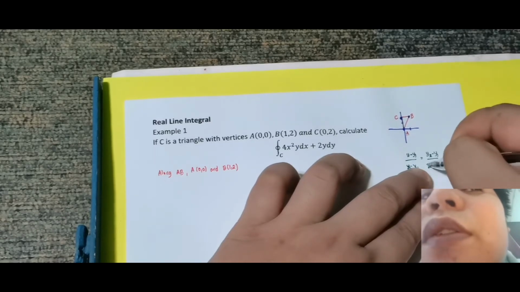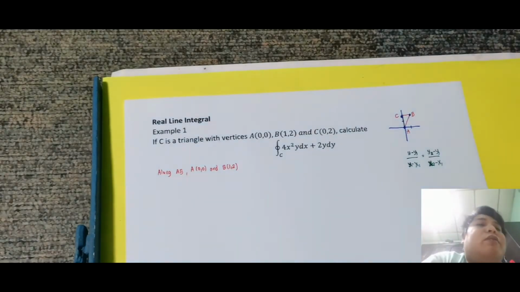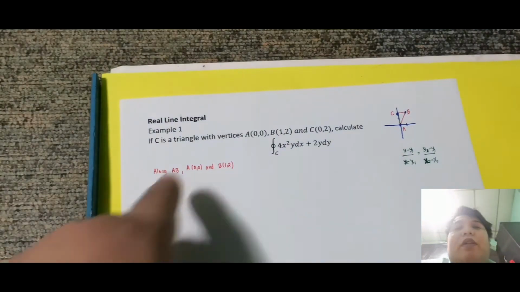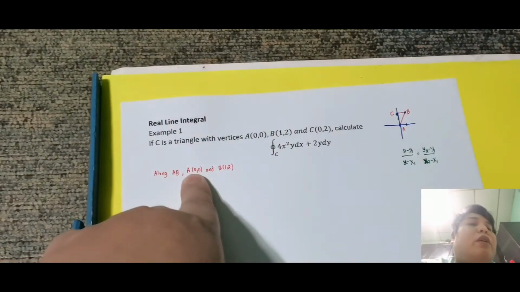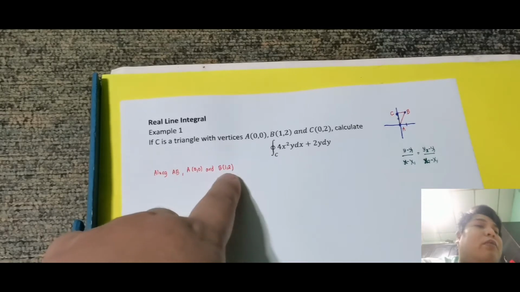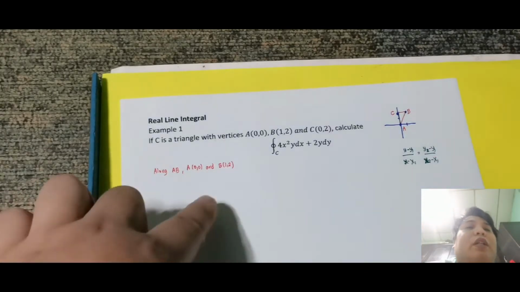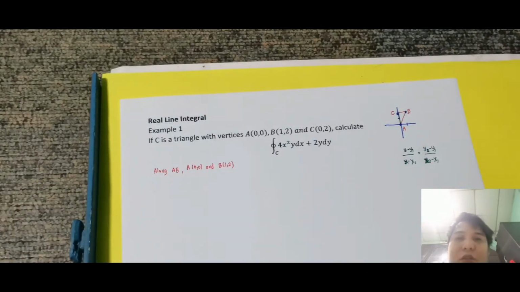In this case, kung sino yung una, yun na yung consider mo y sub 1, x sub 1, tas y sub 2, x sub 2 yung sa kabila. Kunin natin equation of the line niya kasi yun yung importante.